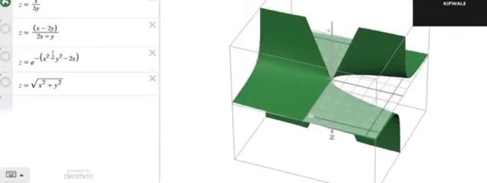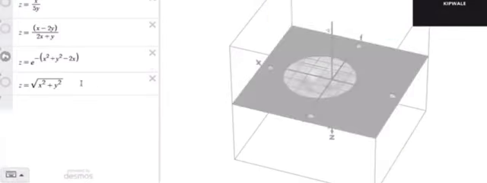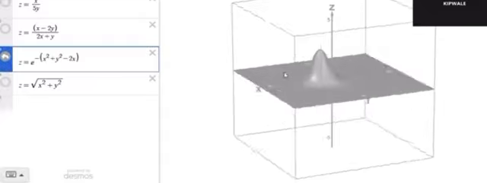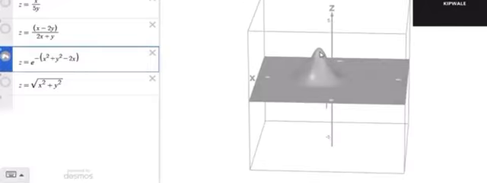Okay, let's share that. So this is the function. I'll deactivate that, and we have this. It looks like the Gaussian in 3D in statistics, the normal graph.